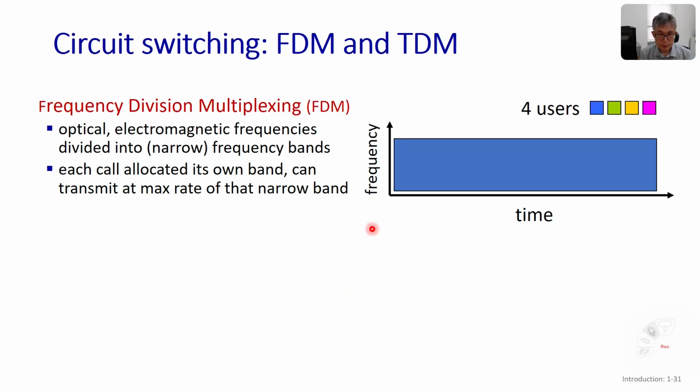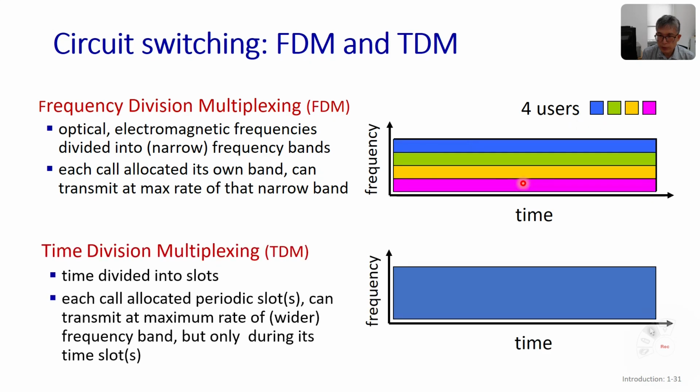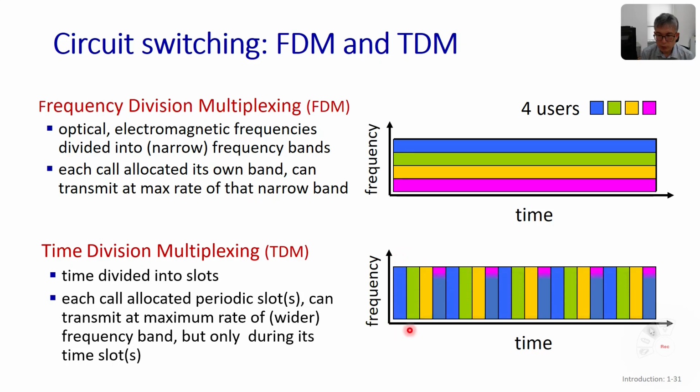In the circuit switching case, we can share the bandwidth using FDM, frequency division multiplexing, or time division multiplexing. In the frequency case, the frequencies are divided and each user is allocated a different frequency channel. On the other hand, in the time division multiplexing, TDM, case, we make time slots and the whole frequency is used for each time slot.